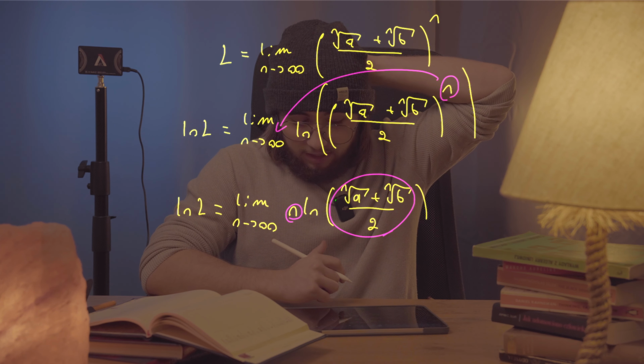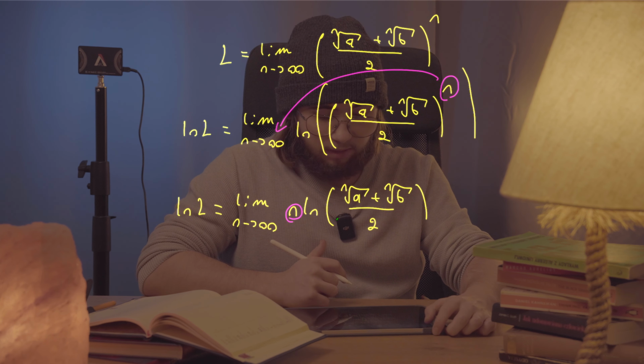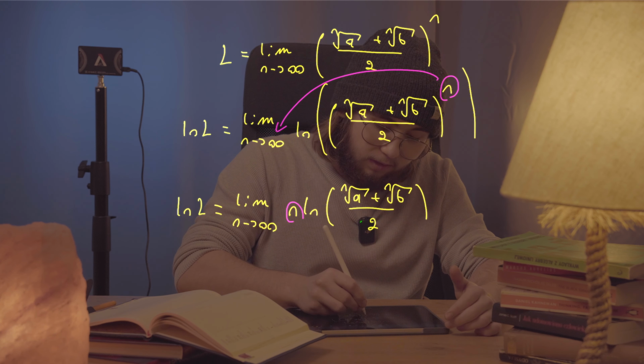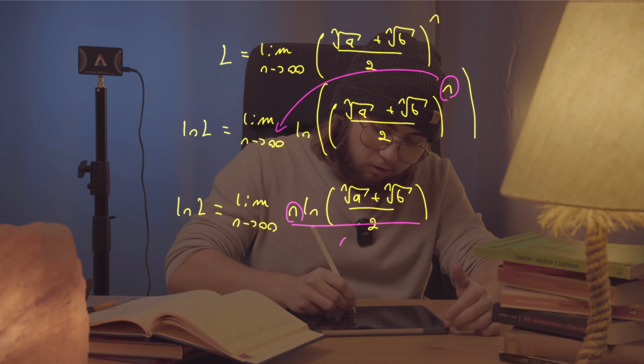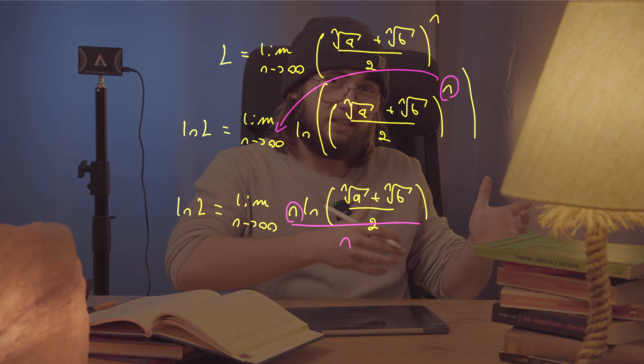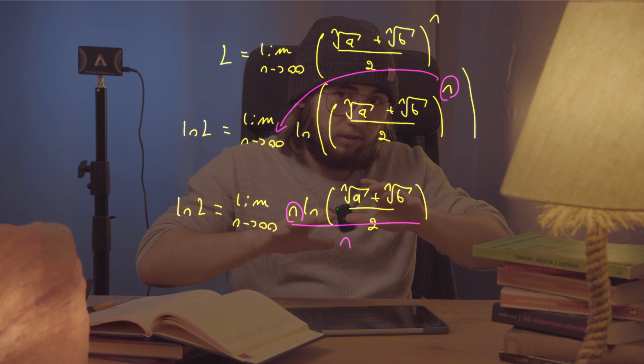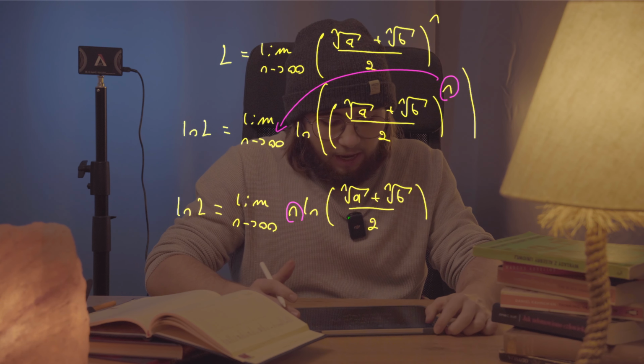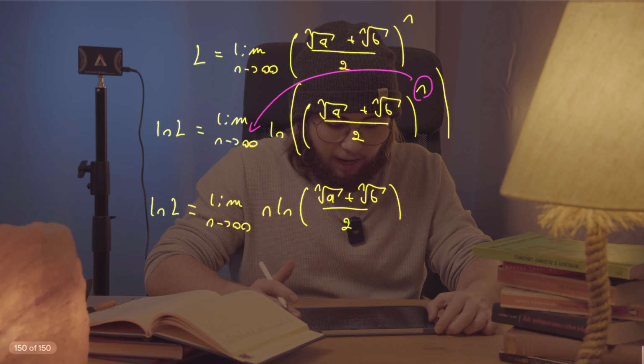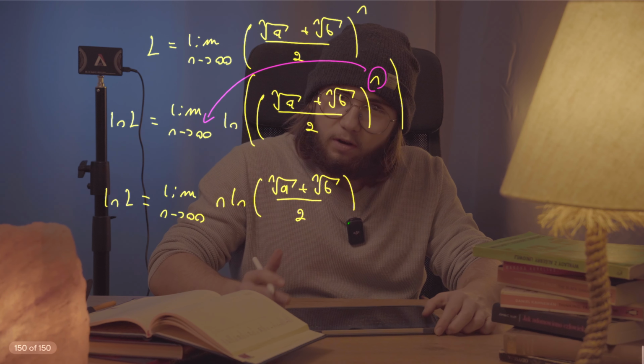So it would be a nice idea to get some kind of variable, let's say this n, into the denominator, so I would be able to take the derivative with respect to the variable at hand and use L'Hopital's rule or something. How can I do that? Well, I could apply a change of variables here.